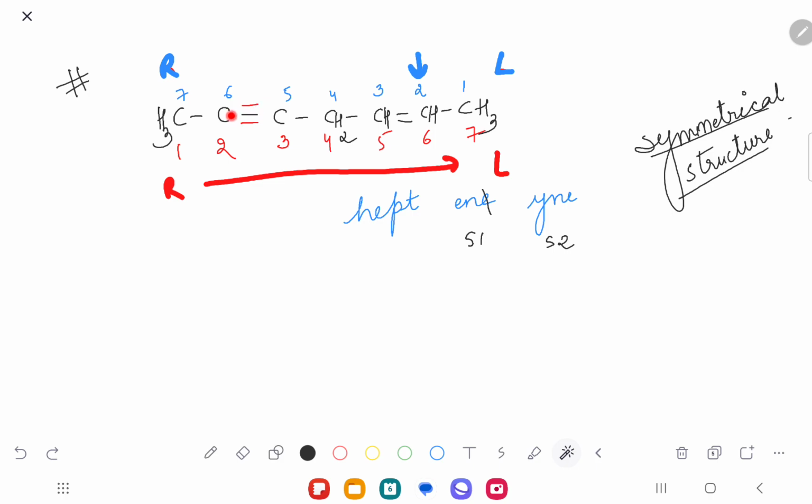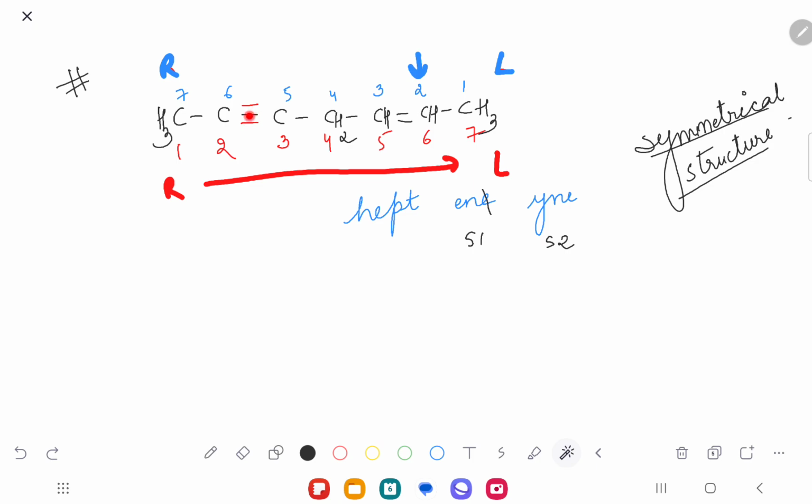But for the double bond, the double bond's number should be the least. Normally, what we were doing, the preference was given to the triple bond in every sense. The properties would be shown by the triple bond, and the triple bond would get the least number.